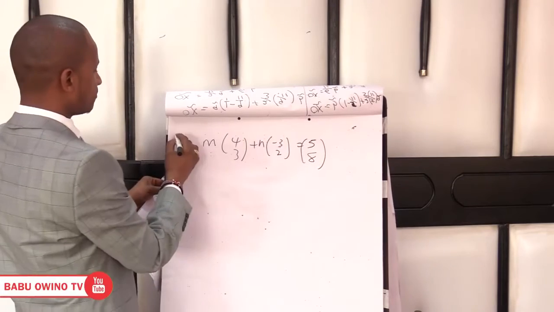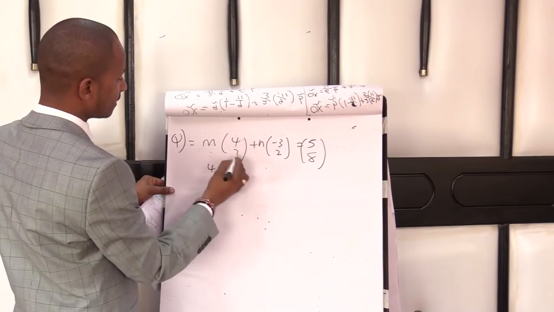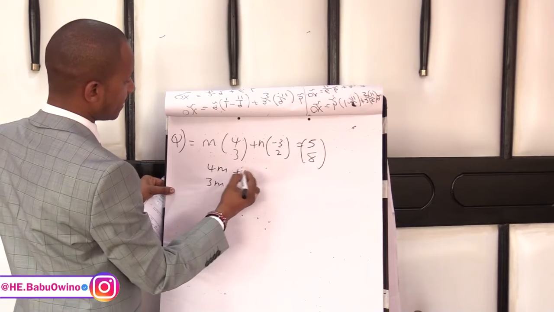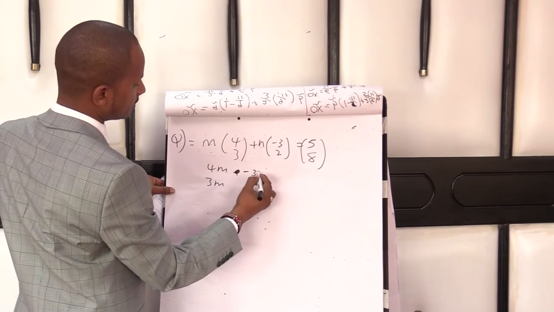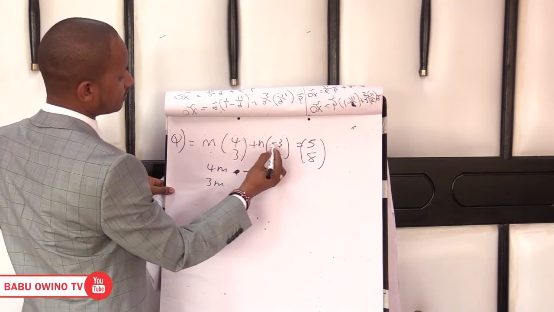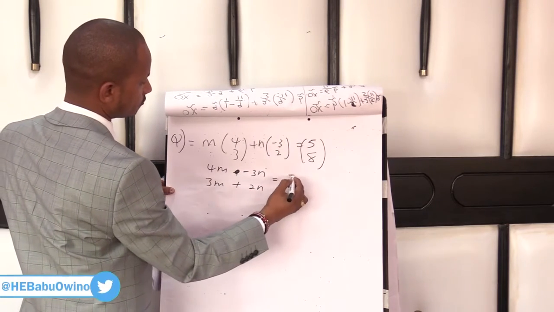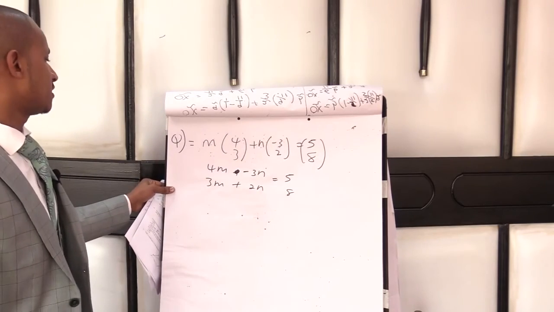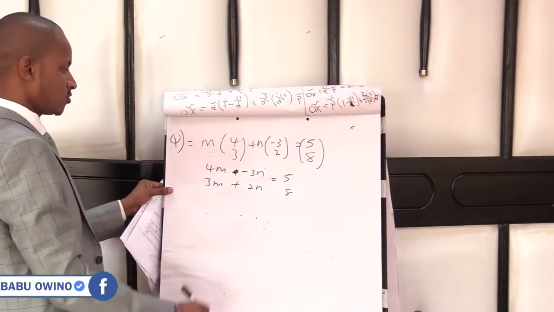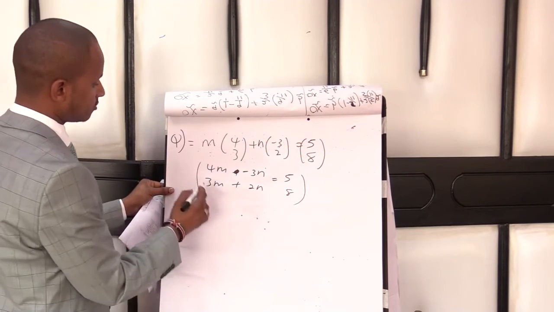So just open this bracket. m times 4 is 4m, m times 3 is 3m, plus n times -3 is -3n, then n times 2 is +2n, equals (5, 8). So this is simply a simultaneous equation, and we can solve it by the elimination method.